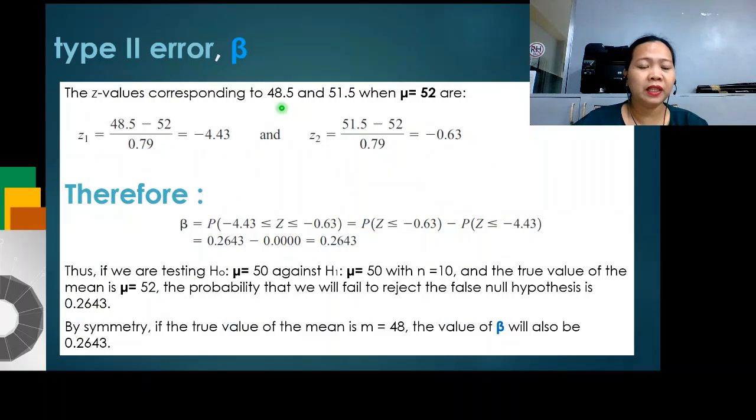So the corresponding z values to 48.5 and 51.5 when mu is equal to 52 are z sub 1, just substitute this value to the correct mu over 0.79 is equal to this one, and z sub 2 is this one.